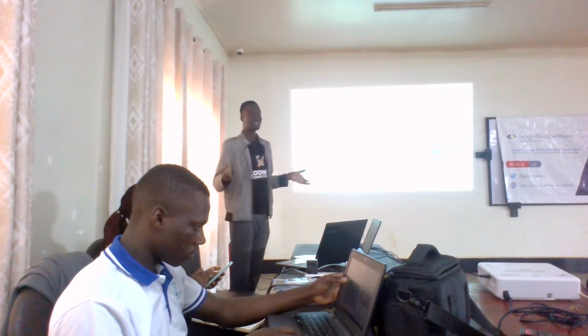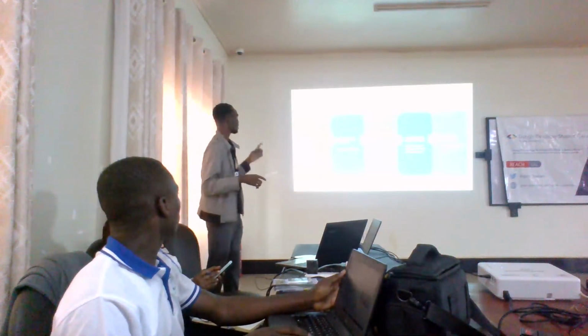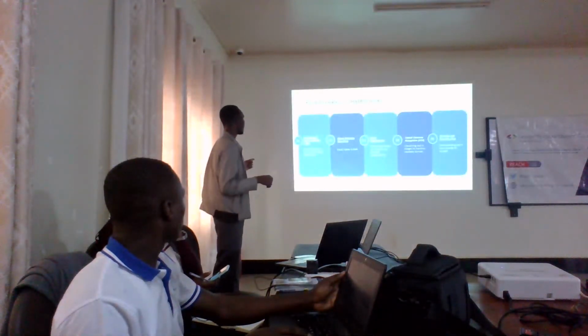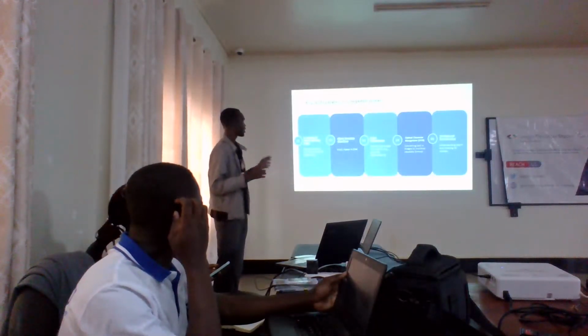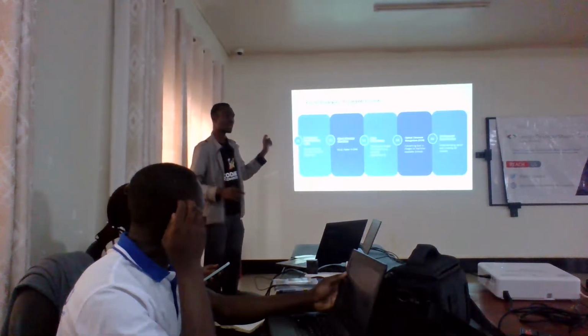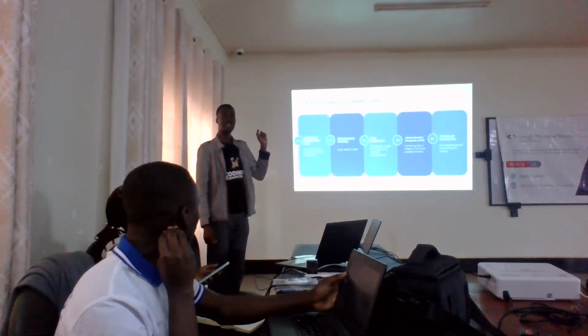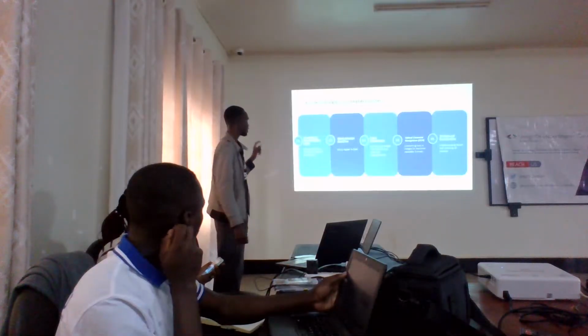So we have key technologies in computer vision. One, we have something called CNN, that is convolutional neural networks. This one is very specific to deep learning models. So if you're going to come up with models that take images as input, most of those models you'll build using CNN.